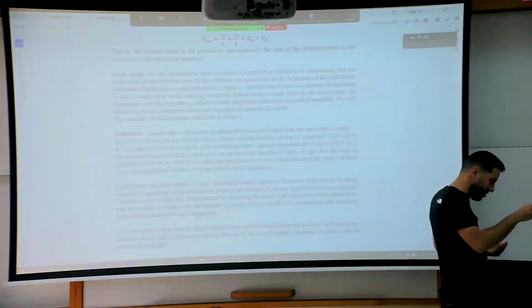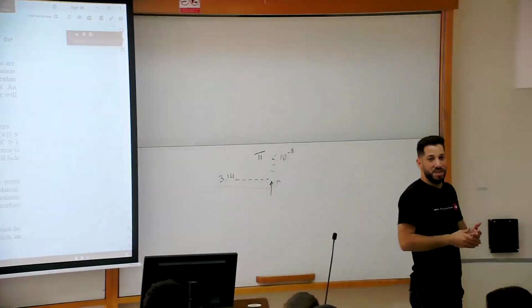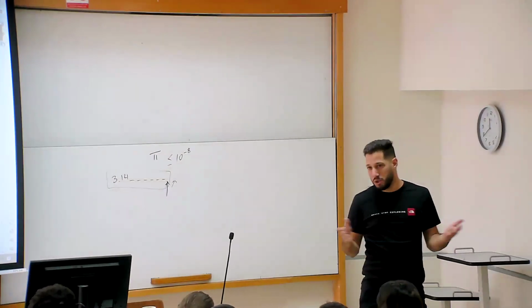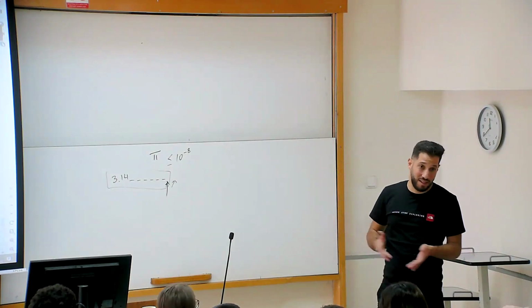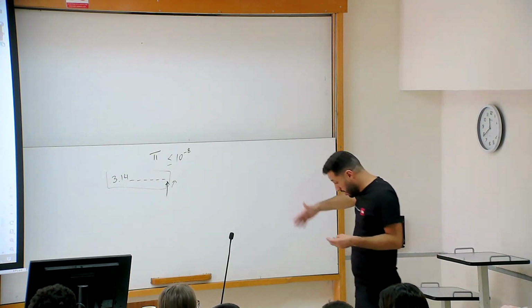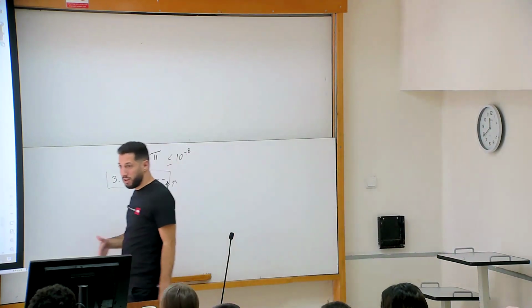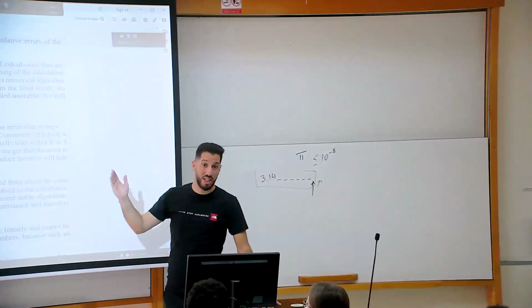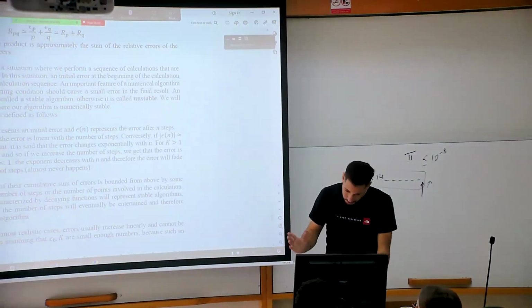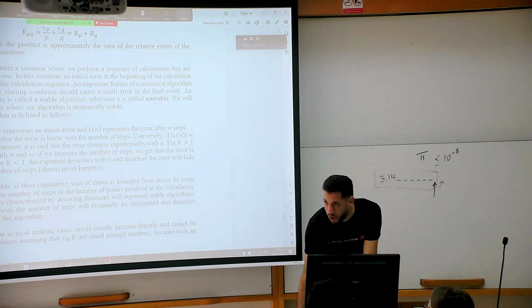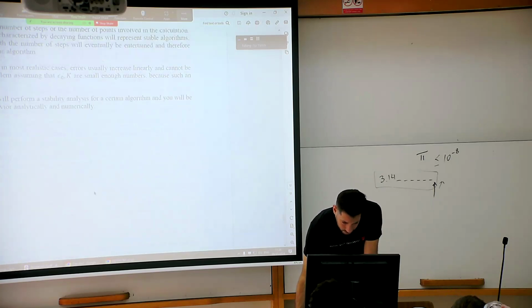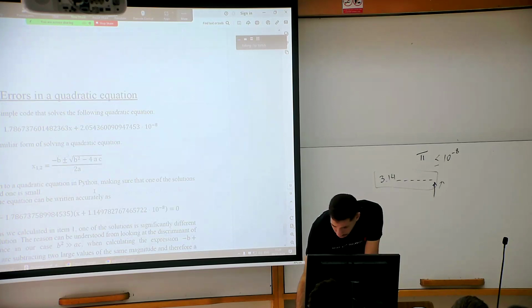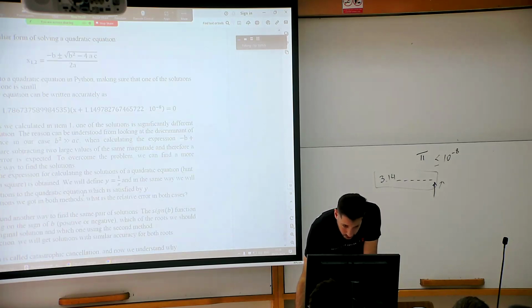And if that number is smaller than 1, that's the stable algorithm. Usually we don't have these algorithms, but that's fantastic, because if you continue, you get a much smaller exponential in your error. So we are good with linearly growing errors. And now for your homework, I will mention this thing.